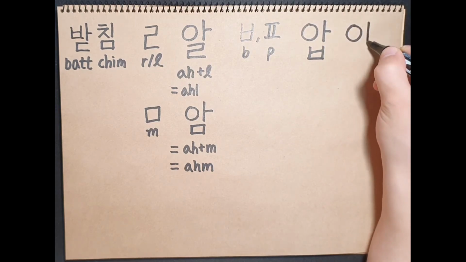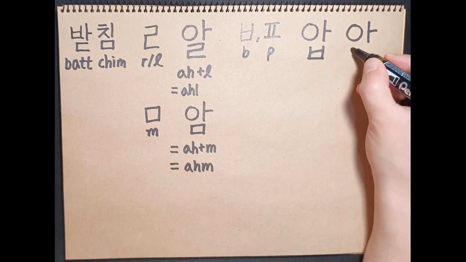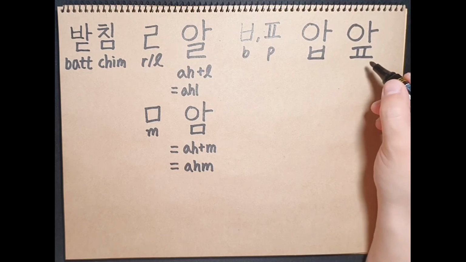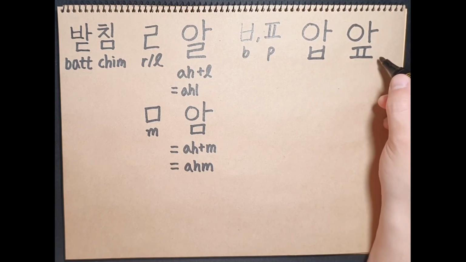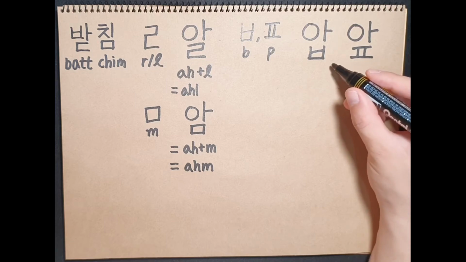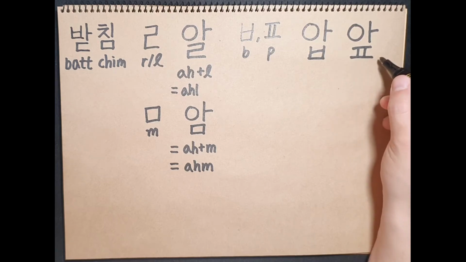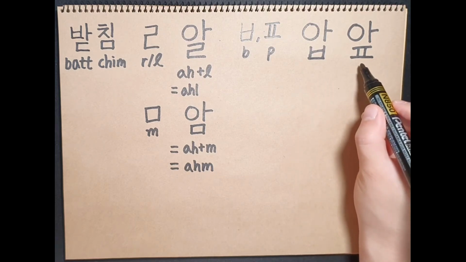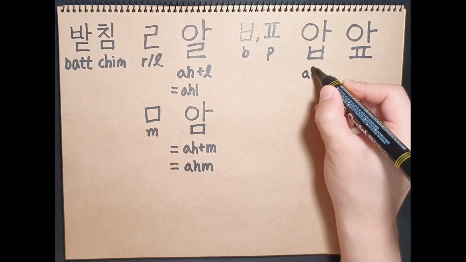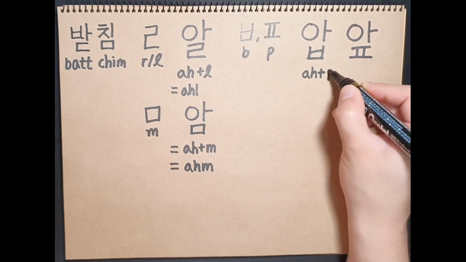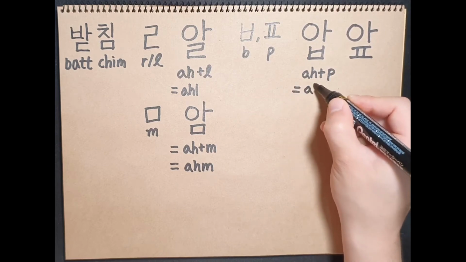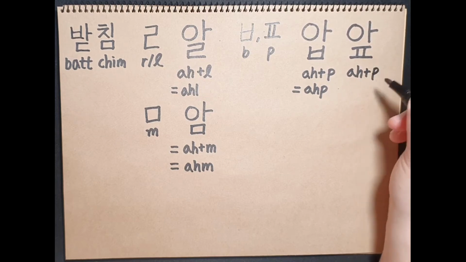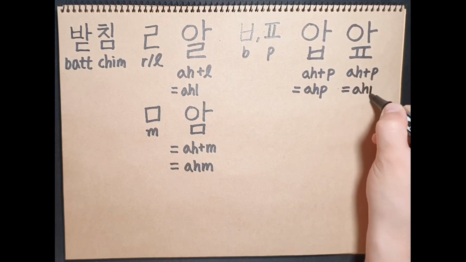Likewise, when you add A plus pieup at the bottom of A, it has the same pronunciation like up. So it is also up, up. Plus P, up.